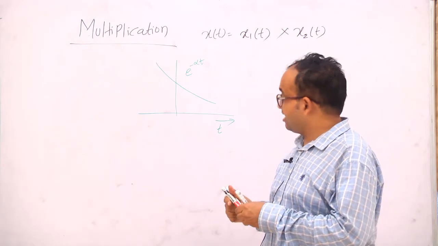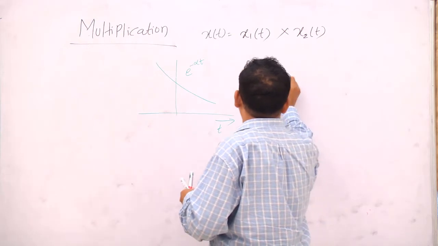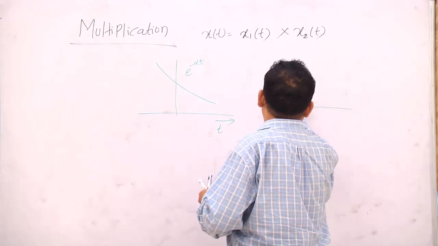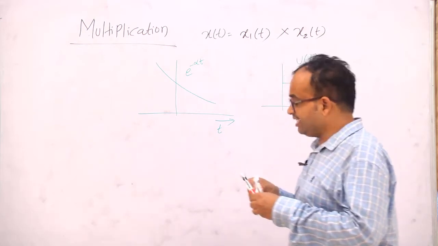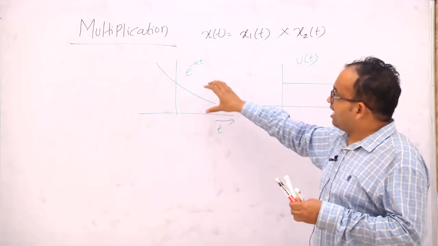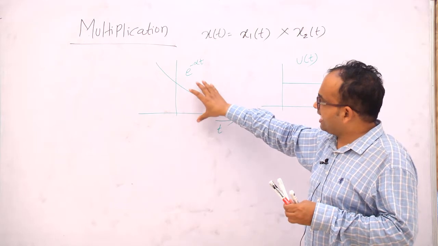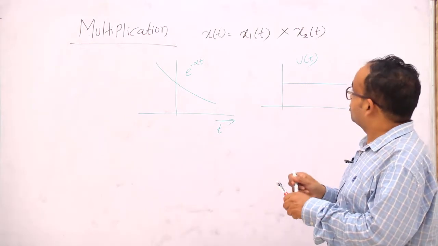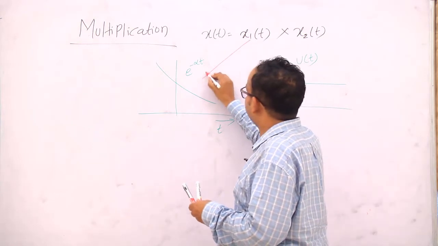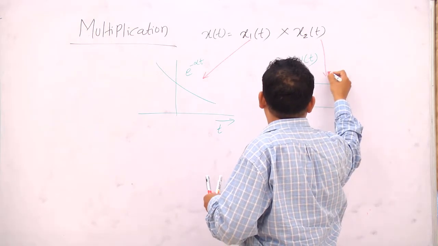Now I have to multiply this signal with u(t). So I have to multiply the exponential signal with the unit step. x1(t) is this signal and x2(t) is this signal.